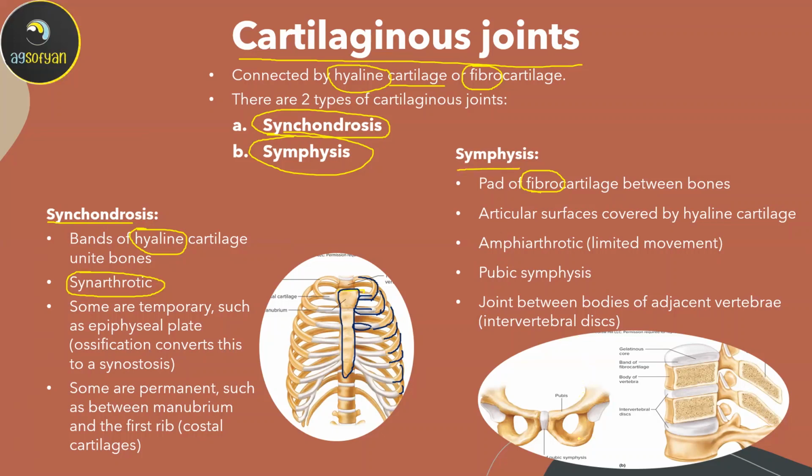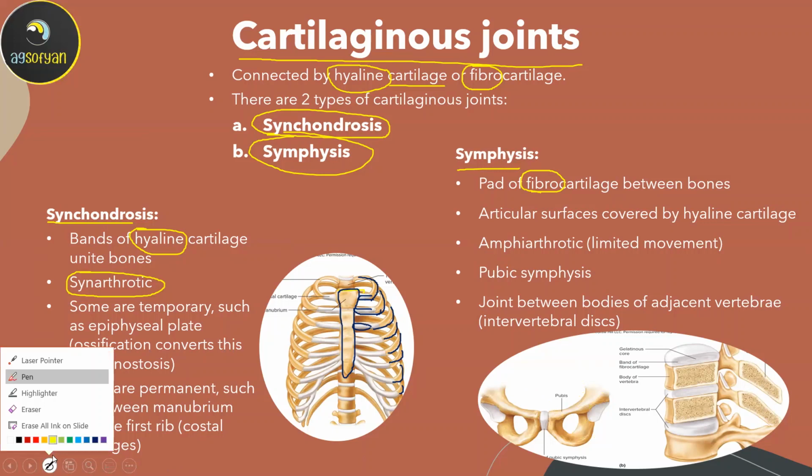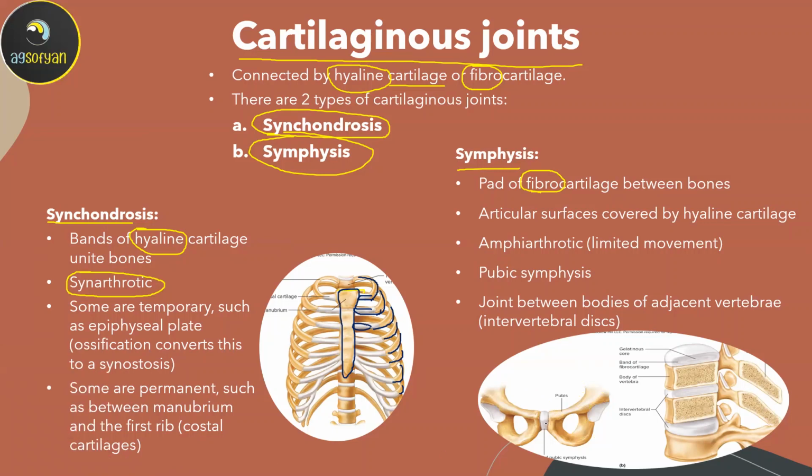The first one is between the hip bones in our pubic area, so this is called the pubic symphysis. And the second location is between the vertebrae. Between vertebrae, we have what we call the intervertebral disc, which is made of fibrocartilage.